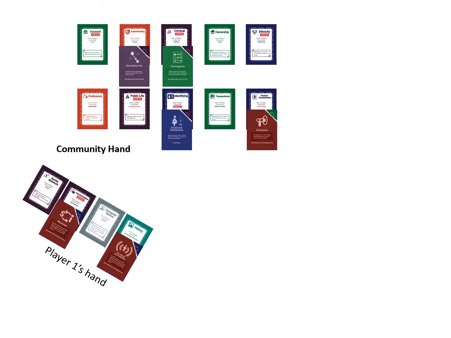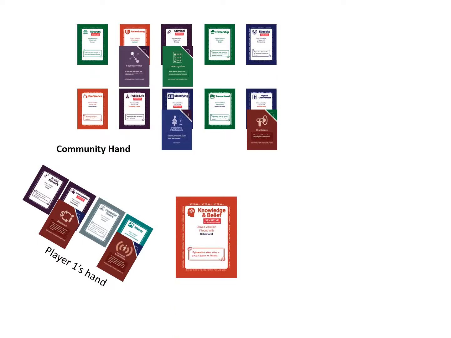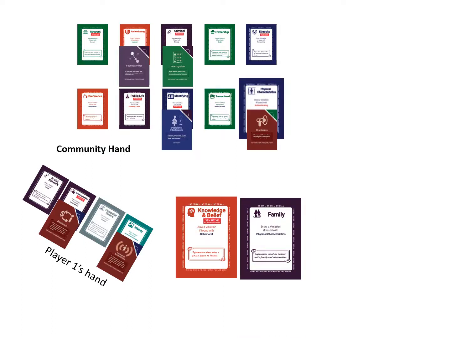Now it's time to deal player two's hand. The first card is knowledge and belief, which is risky with behavioral, which we don't have. The second card is family information, which is risky with physical characteristics.